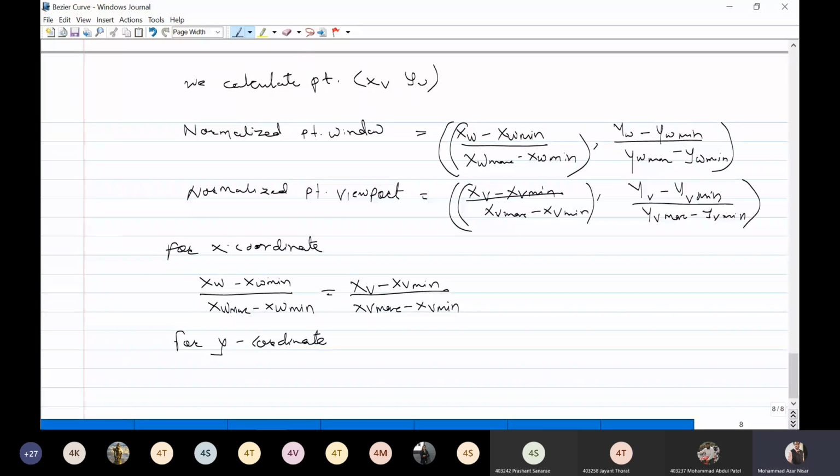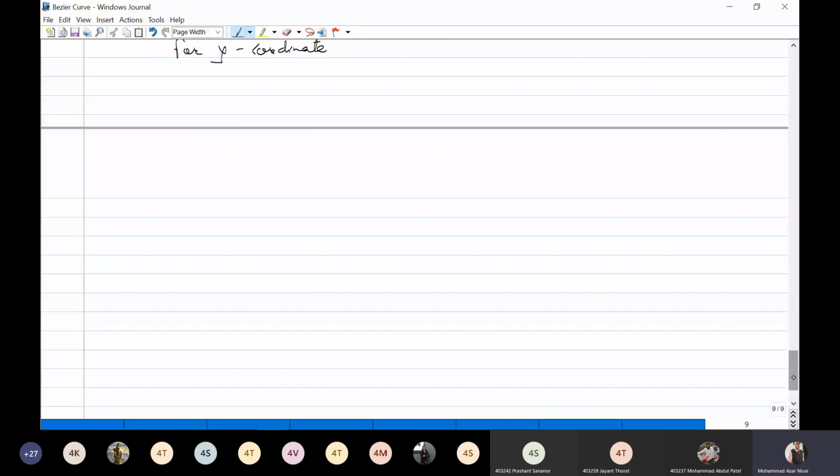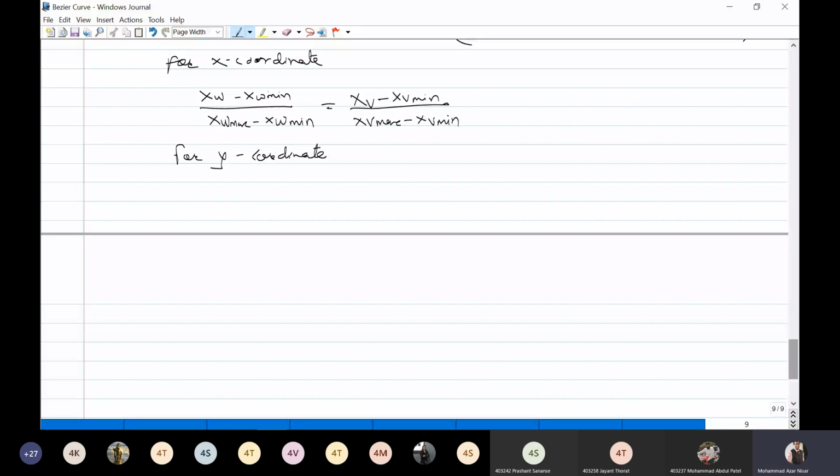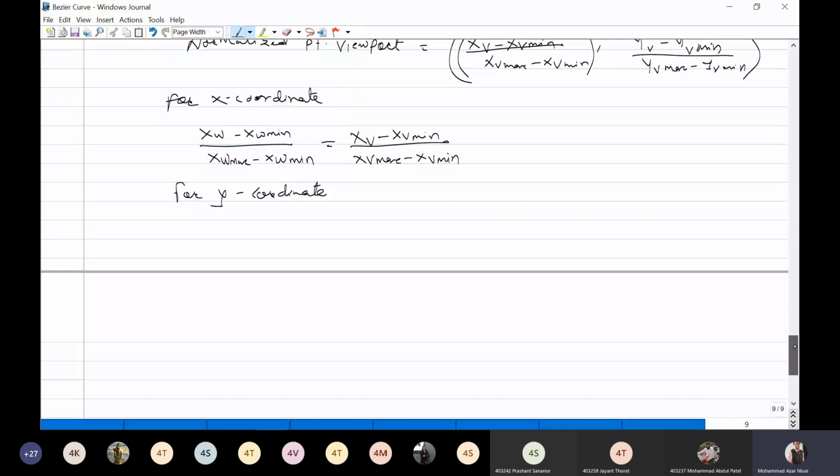So next they will ask you what is a window to viewport transformation. Then you have to draw some diagram in this way, and you have to write down the general terms used in this, then write down this equation, and finally you have to plot the final matrices. Okay.